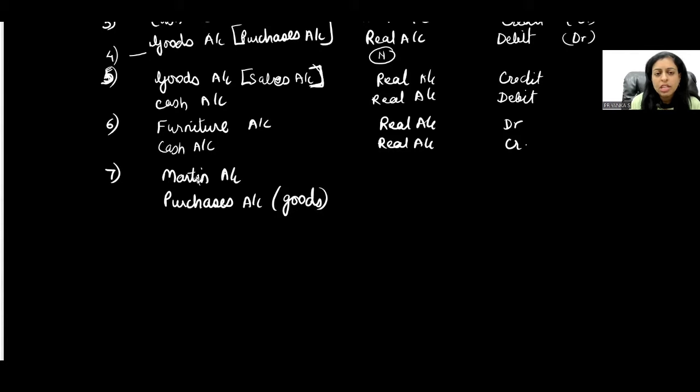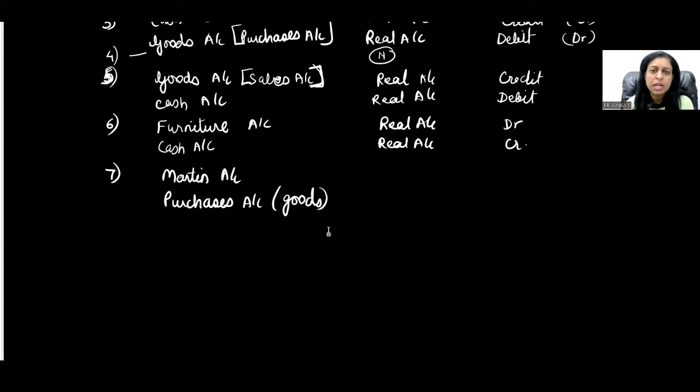Why am I not taking cash? The reason is because there's no mention that cash is paid. Now you would say here also there was no mention of cash is paid, then why am I assuming it? Because furniture they are saying is purchased. Have they given you any name? No. If no name is specified, then we assume it as cash. But if a name is specified and there is nothing mentioned as paid or cash or bank, then we assume that it is on credit basis.